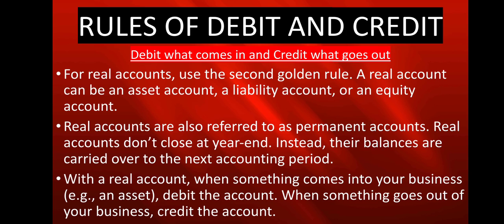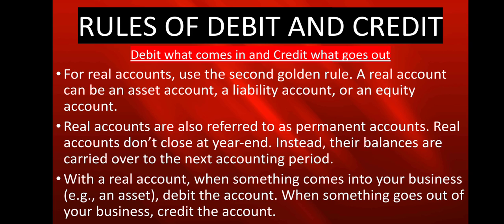Okay, and you have to remember, when I say personal account, it is those accounts related to persons or individuals or entities, and therefore debit the receiver, credit the giver. When I talk about real account, it is completely those accounts related to assets, liabilities and capital. So there are chances that an asset can come inside the business or go out of the business.